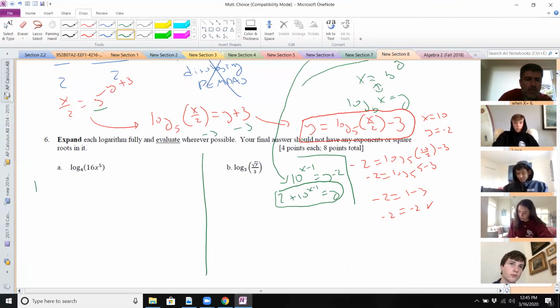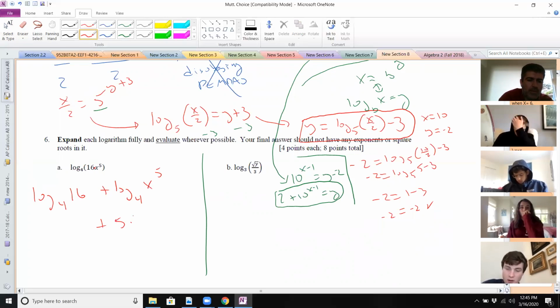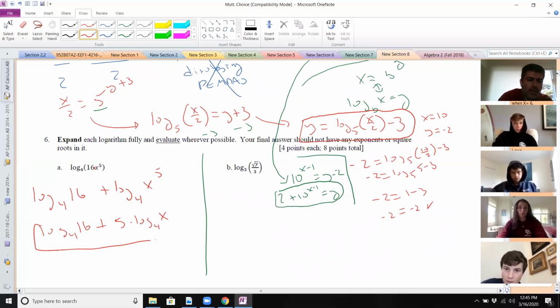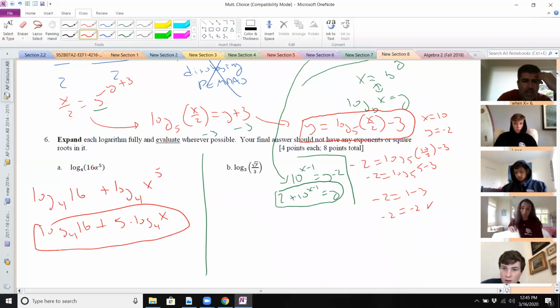Okay, so let's see here. So log base 4 of 16 plus log base 4 of x to the 5. Very important, there's a times. So you break like that and then move the 5 to the front. That's all you gotta do for that one.